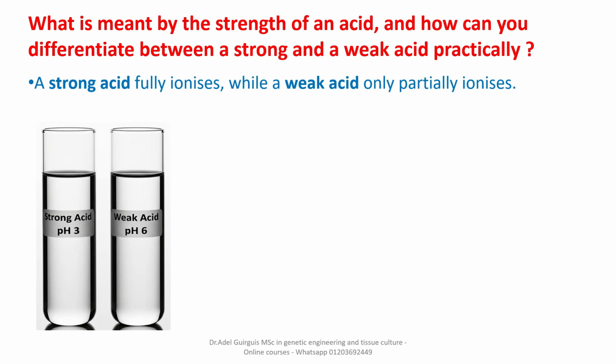Look at this experiment: we differentiate by measuring the pHs of both. The pH of a strong acid must be lower than the pH of a weak acid. Here the strong acid is pH 3, while the weak acid has a pH more than 3, in this figure equal to 6.